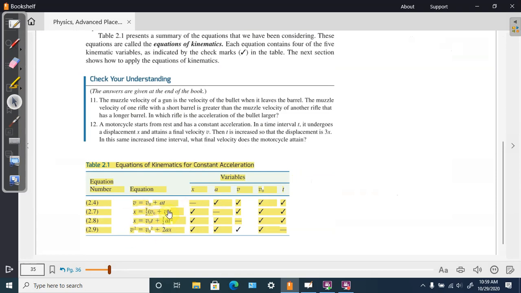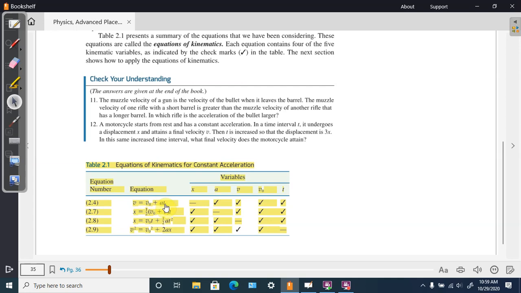All right, so here's all of our formulas at hand. The problem is, v equals v sub 0 plus at would find me my final velocity, but I have no way of finding the time. There's nothing in that problem that would allow me to find time.